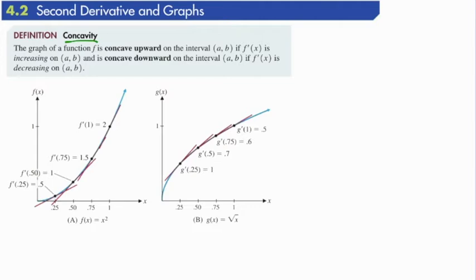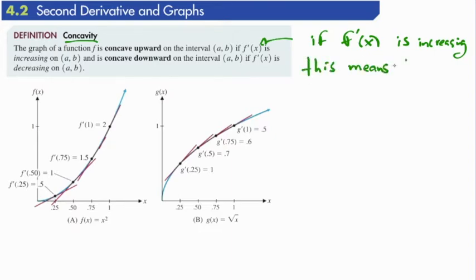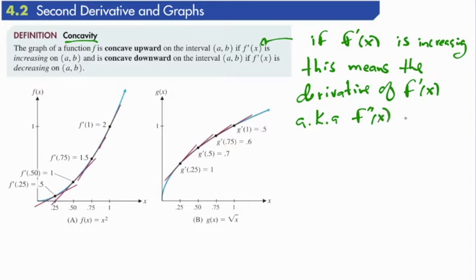So what this means is, if f prime of x is increasing, this means the derivative of f prime of x, aka f double prime of x, is positive on the interval.